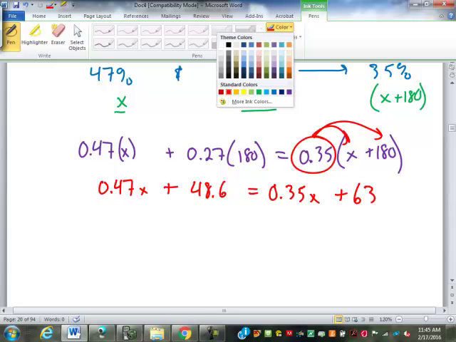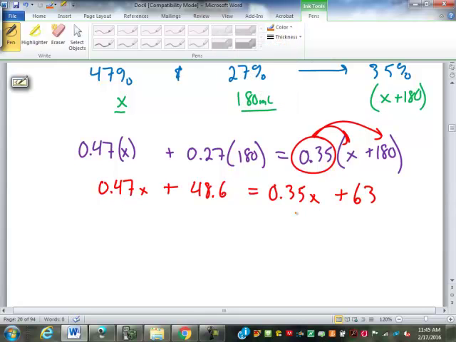Now we have an X on both sides. We're going to get rid of one of them again. We're going to get rid of the smaller one, which is the 0.35. Gives us 0.12X over here plus 48.6 equals 63.